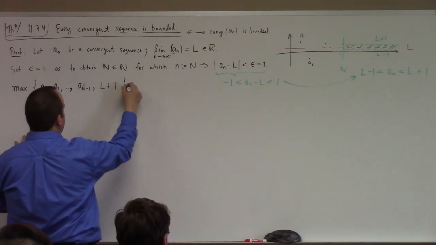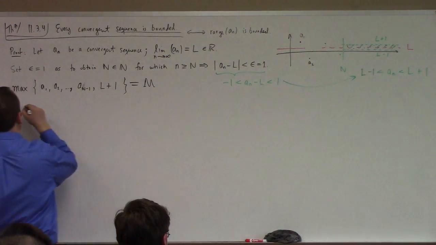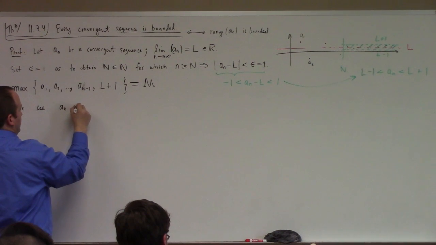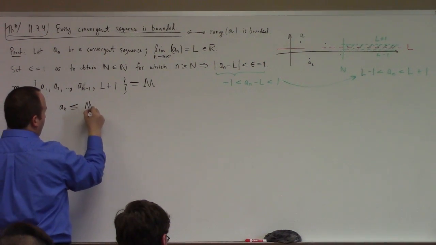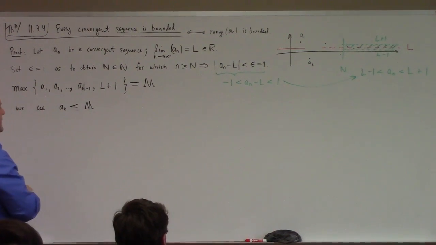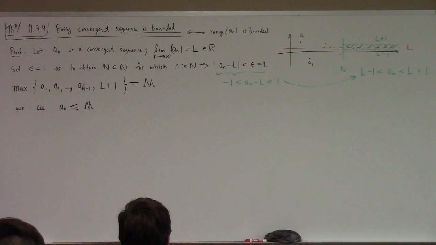If I call this thing M, we see that A sub n is less than or equal to M. Not even less than, just less than or equal to, I guess, because I put these in here, so it could be equal to one of those in principle.